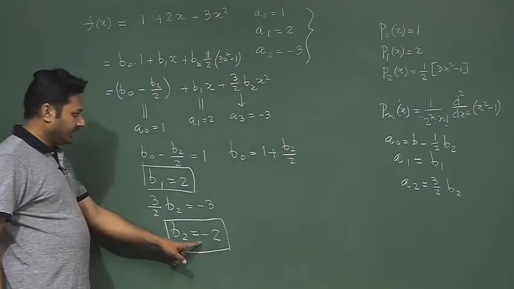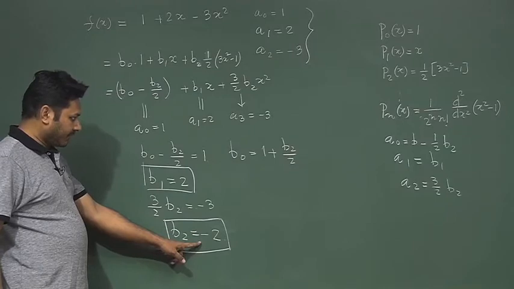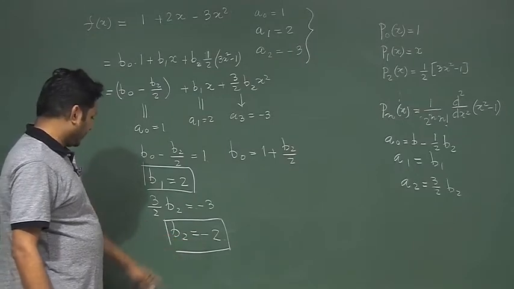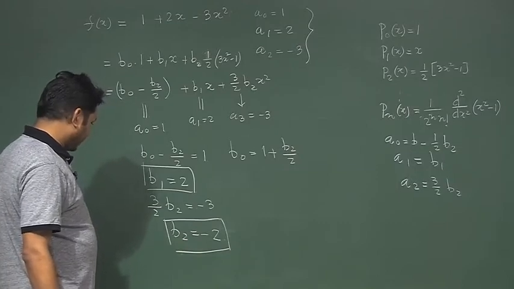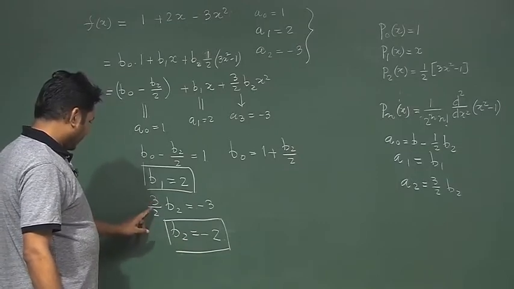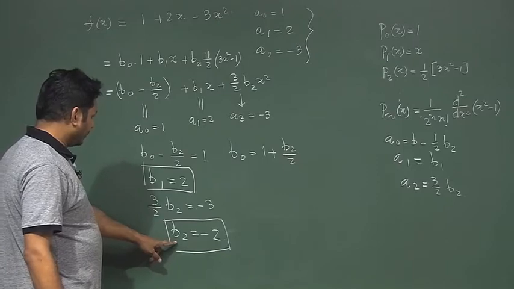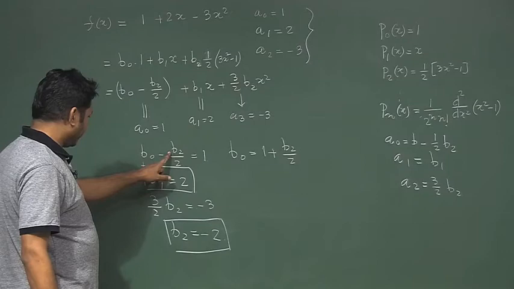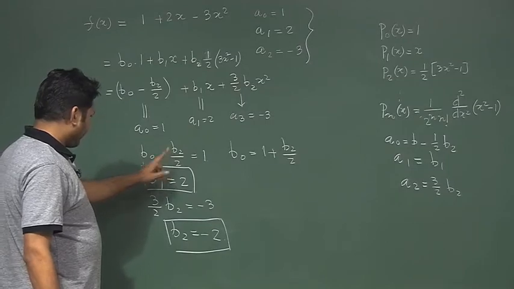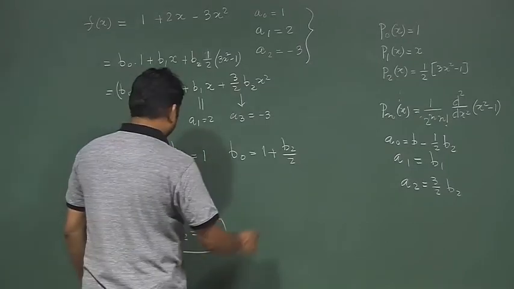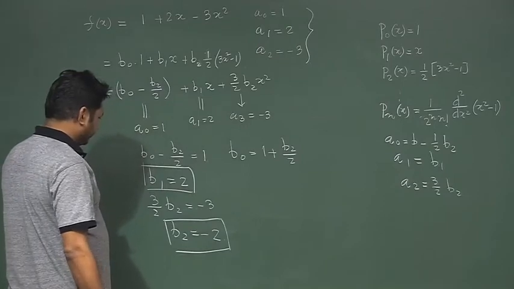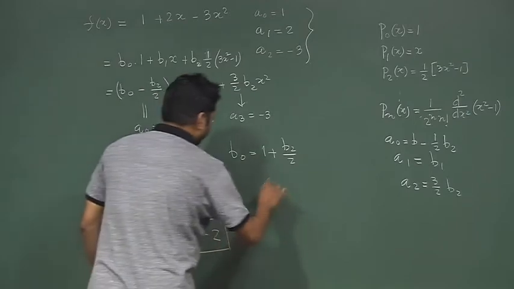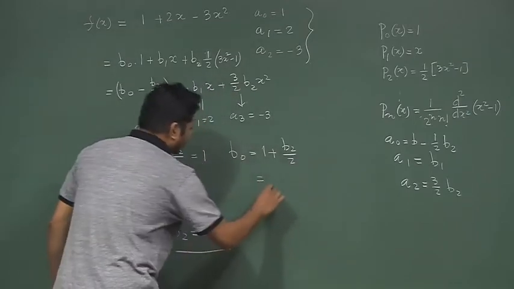b2 I already figured out here, which seems to be okay. Let me check once again if I am doing something wrong here or not. b2 is minus 2. If it is minus 2, then b0 comes out to be 0. Okay, let me check that.